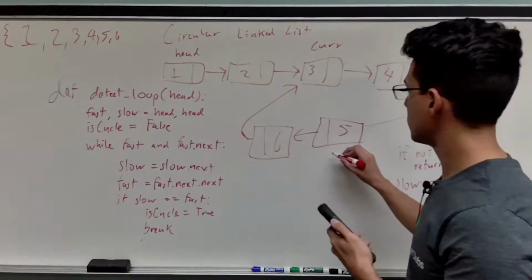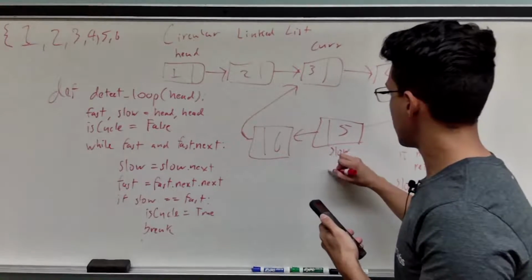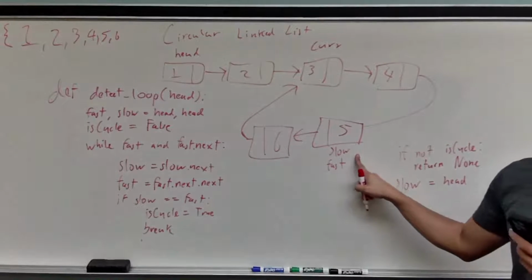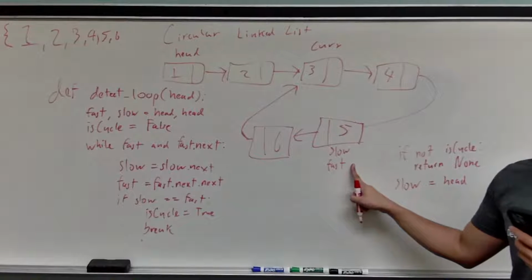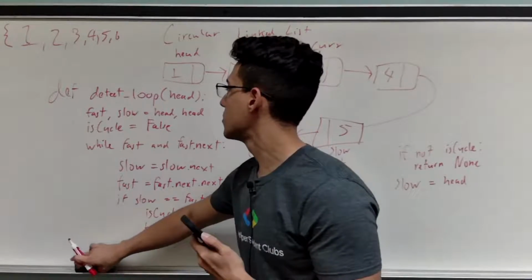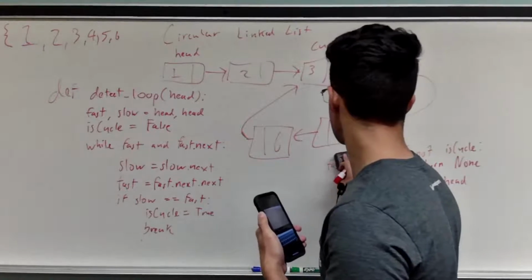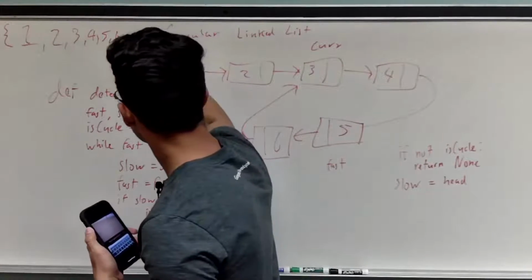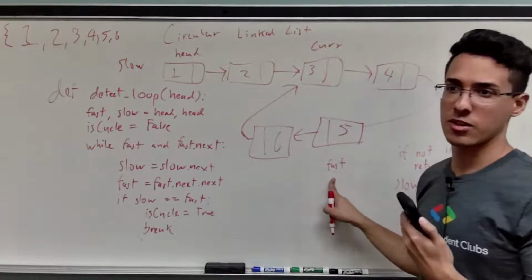You guys remember that for this specific one, we ended up here, and that's where we stopped, right? So according to this, the confusing part is that we have to move slow back, and fast stays there.